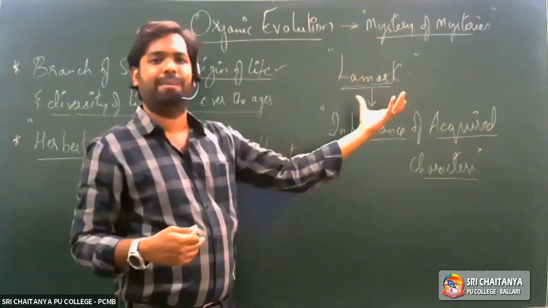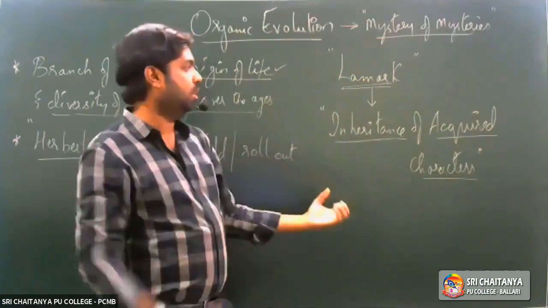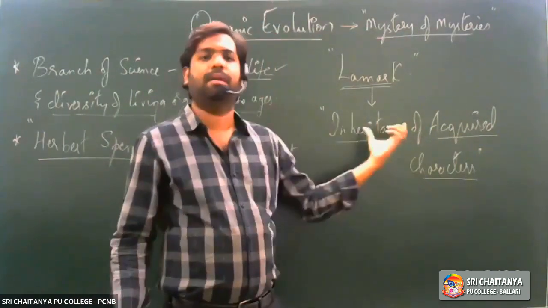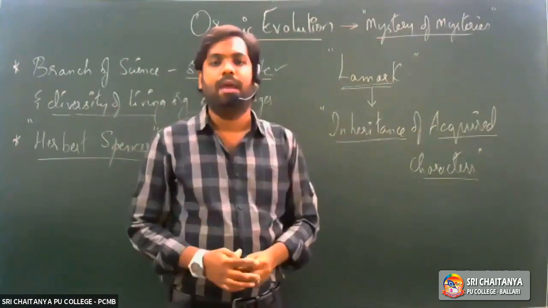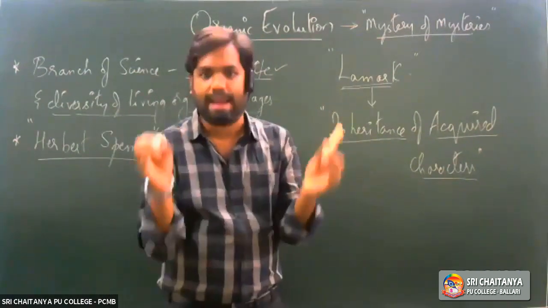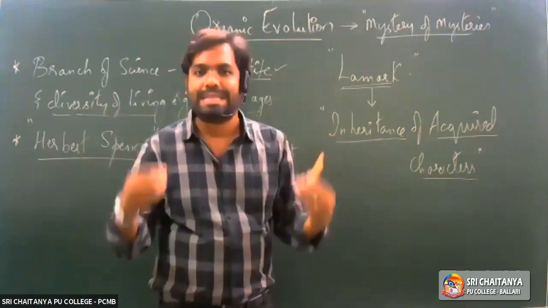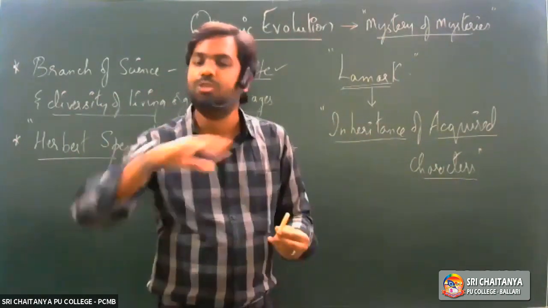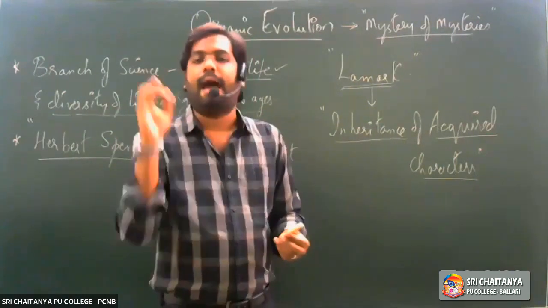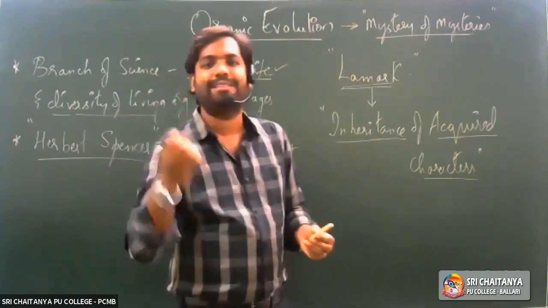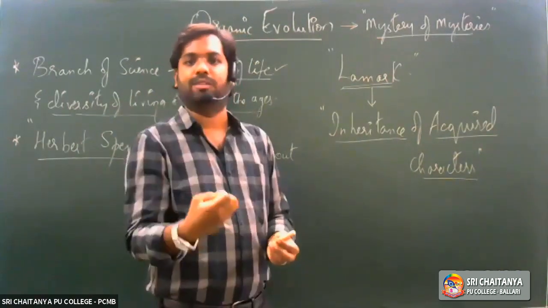So what did Lamarck say? Lamarck spoke on something called inheritance of acquired character. What did he say pertaining to it? A particular organism living in a particular habitat will start adapting itself to the conditions of that habitat, as a result of which this organism will start acquiring certain characters.